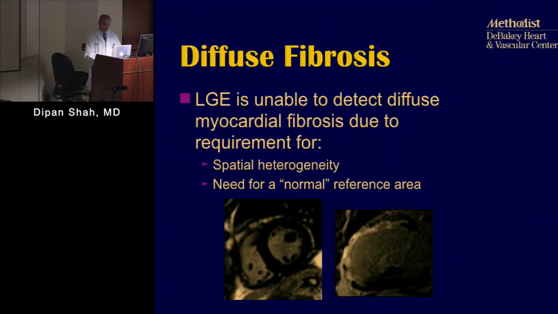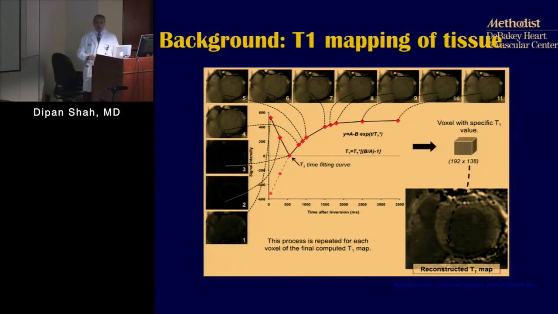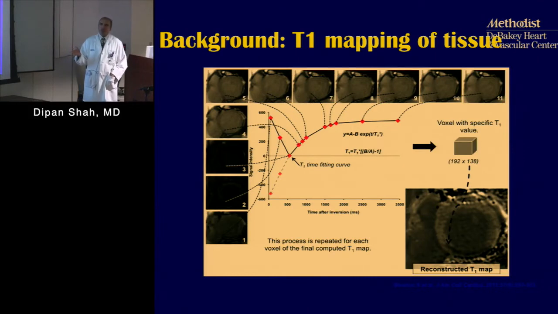And so let's go to here. The way this technique works is that it is much more of a quantitative mapping technique. Whereas late gadolinium enhancement is a relative technique, part of this is that it was only possible in the last few years as there have been further advancements in imaging techniques and speed, where when you apply that inversion pulse, you don't just wait to get one image at a certain time interval.